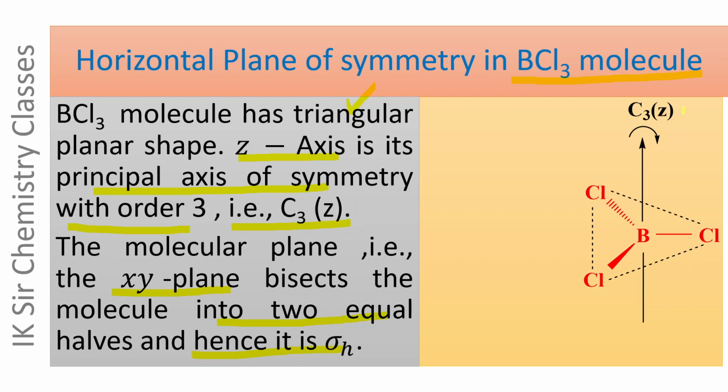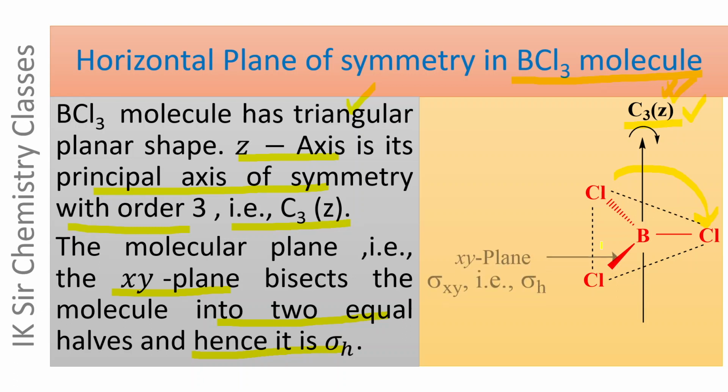This axis, Z axis, is threefold axis of symmetry because the rotation of this molecule about this axis by 120 degree produces an indistinguishable orientation. It is the principal axis of symmetry of BCl3 molecule. It is denoted by C3Z.